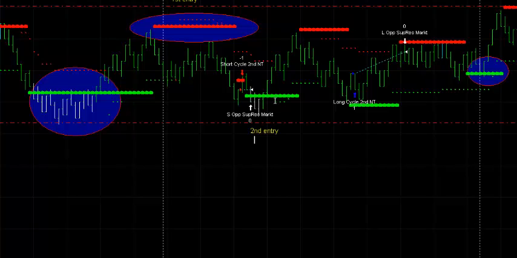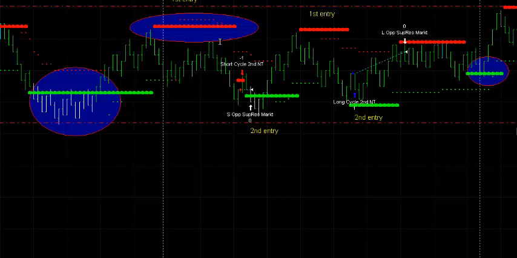Now, what happens is that once we get a break of the trend, of that sequence, we then reset. So we've got a trend established, so we can't take the first entry. So that's first entry. But second entry we can take, because we're wanting to make sure that we've actually got a confirmation of a cycle type activity.